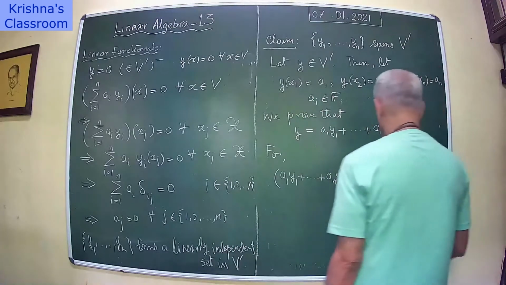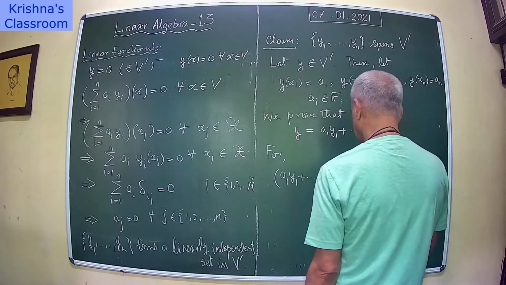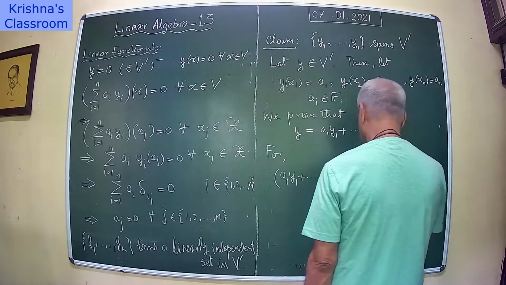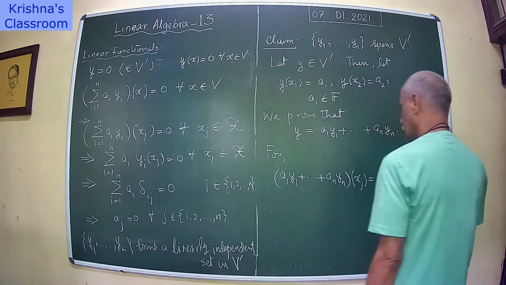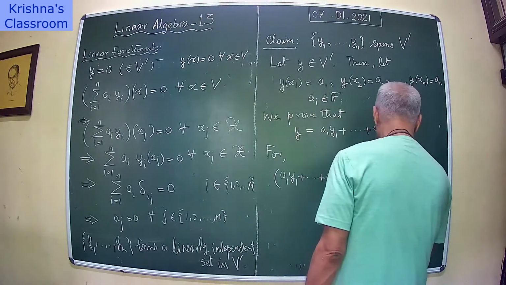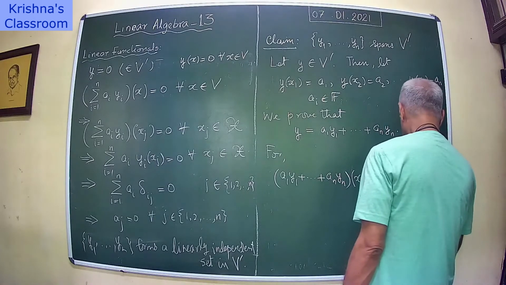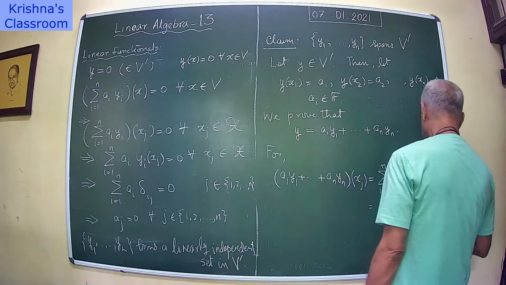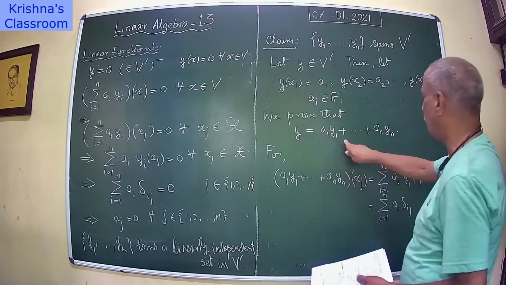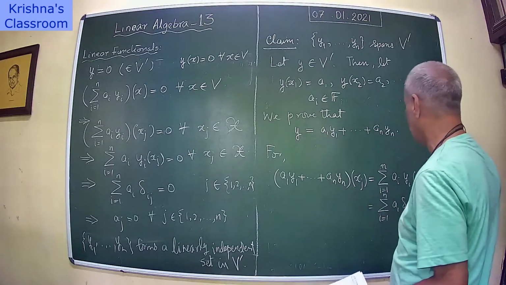By linearity, or by the usual definition, you have sigma i equal to 1 to n ai yi of xj, and this is equal to sigma ai delta ij, which is equal to aj. So a1 y1 plus a2 y2 plus etc. an yn, evaluated at xj, will give you aj.